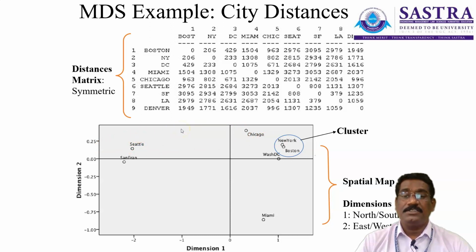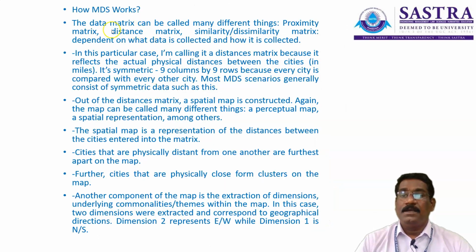Let me explain step by step how multidimensional scaling works. The data matrix can be called many different things. One is called the proximity matrix, or sometimes the distance matrix, or sometimes the similarity and dissimilarity matrix, depending on what data is collected or how it is collected.